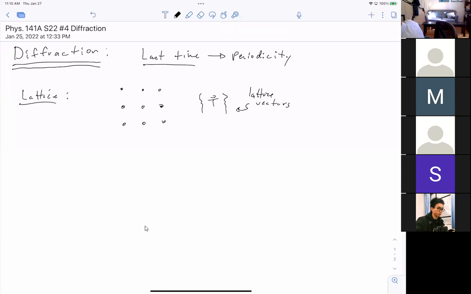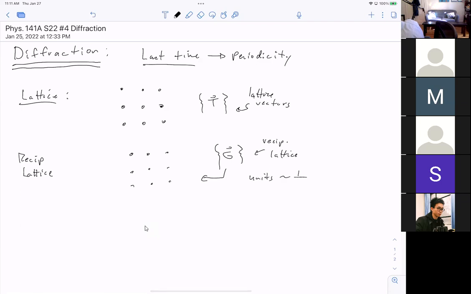But now I can also associate with this lattice a reciprocal lattice. And I can think of all the reciprocal lattice points, G, as the reciprocal lattice vectors. And the reciprocal lattice is also some kind of lattice. But the units are 1 over distance.